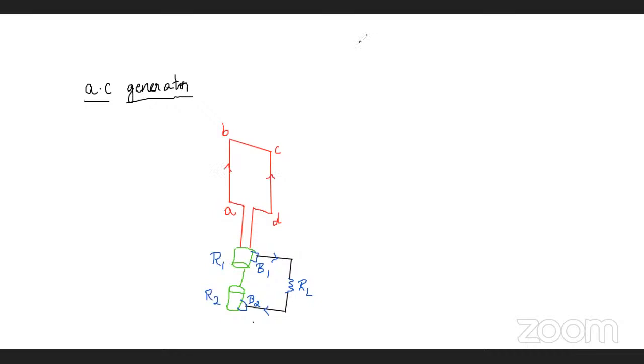And you will be having electromagnets or magnets here. This is the north pole of the magnet. This is the south pole of the magnet.